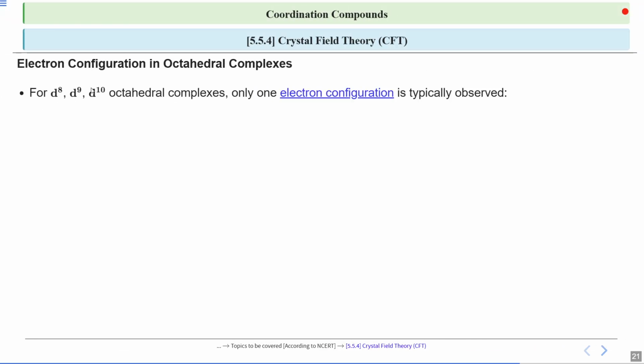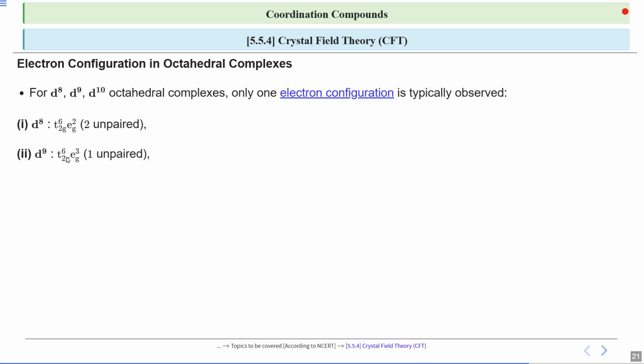Now for d8, d9 and d10 octahedral complexes, only one electron configuration is typically observed. What is that? For d8 it is t2g6 eg2, because t2g is going to occupy 6 electrons and eg is going to occupy 2 electrons, and we get 2 unpaired electrons.